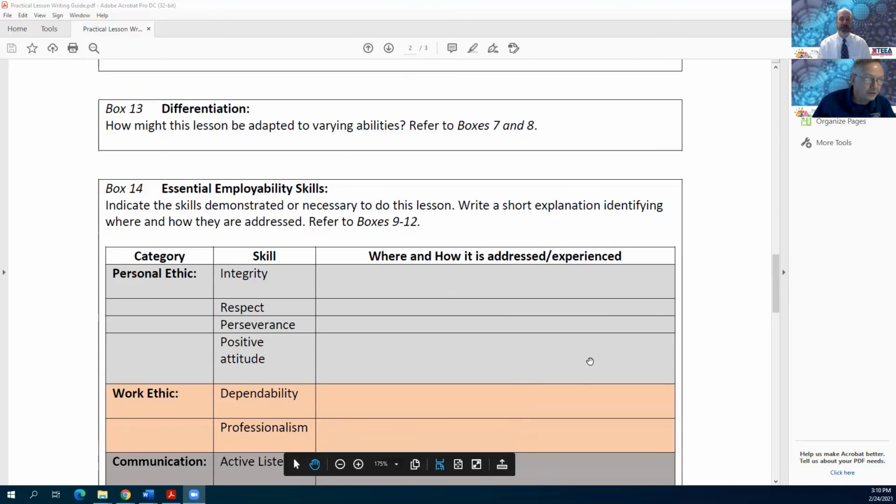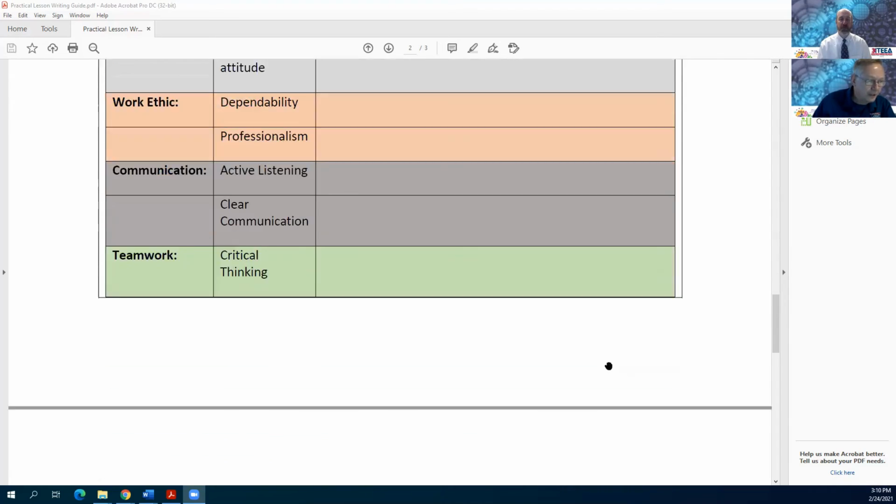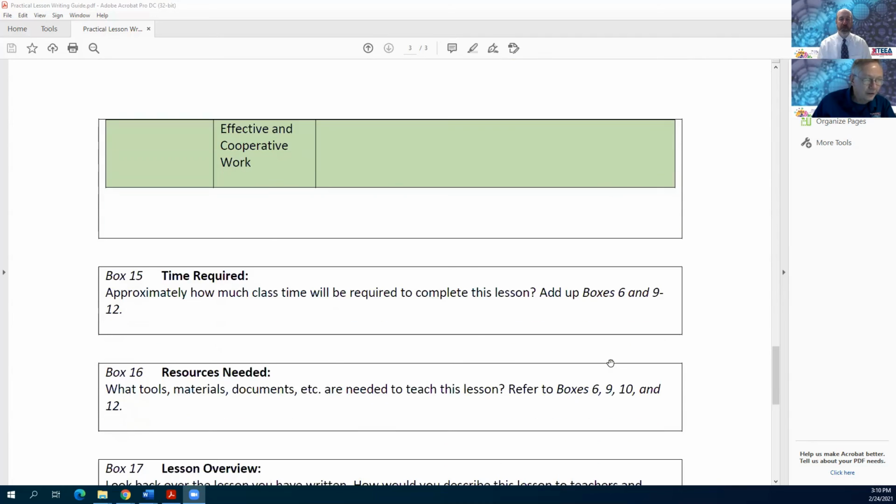We also like looking at those essential employability skills, and we want to identify those so we have them very clearly stated. And then, how much time? We look back over this and say, how much time is this going to take? I mean, anybody can write a lesson that's going to take 6 weeks, but is it actually worth 6 weeks? How much time can I devote to this?